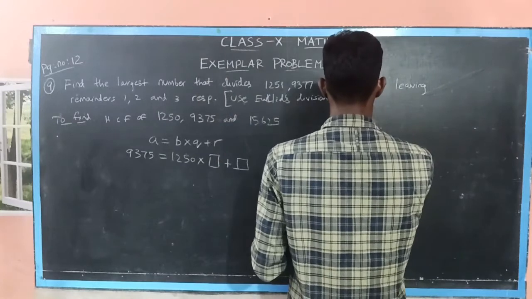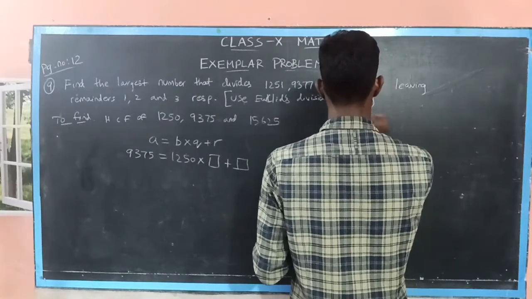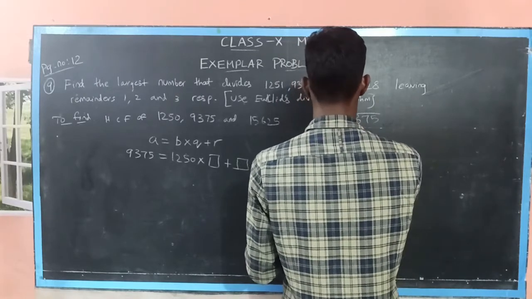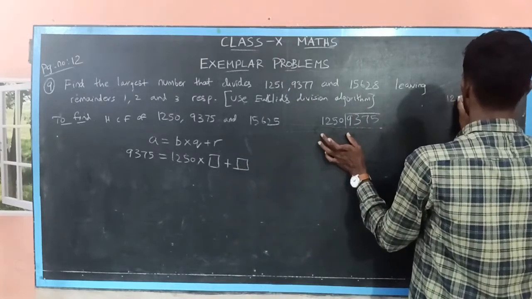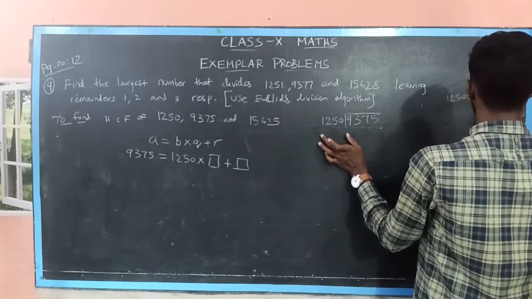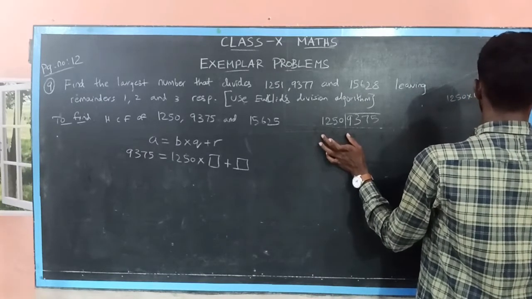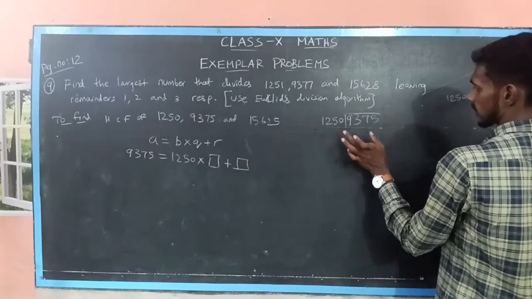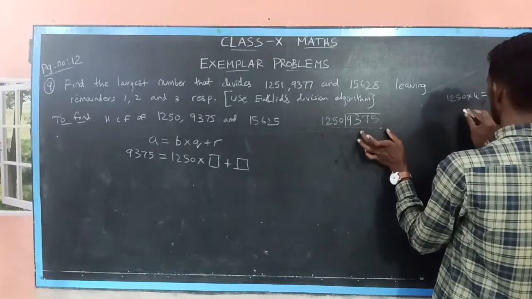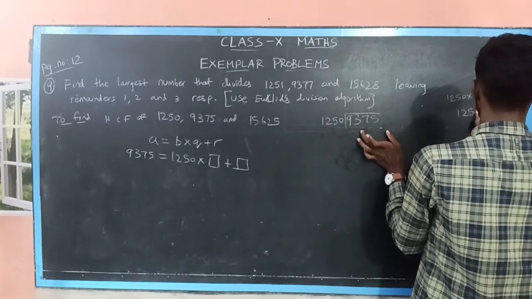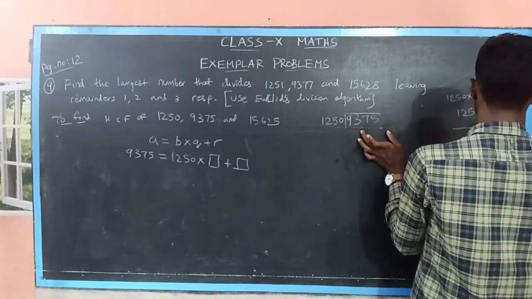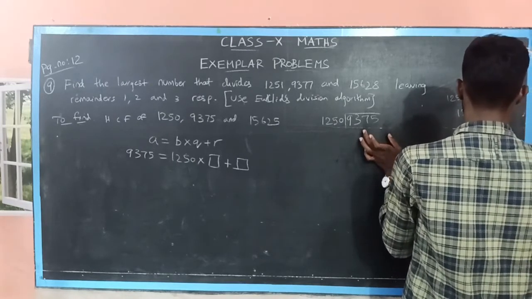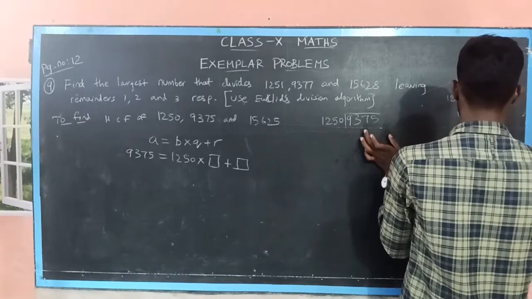Now, we are going to divide these two numbers. 1250 into 4 becomes 5000. Let me try 1250 by 7: 7 times 0 is 0, 7 fives are 35, balance 3, 7 twos are 14 plus 3 is 17, balance 1, 7 ones are 7 plus 1 is 8.